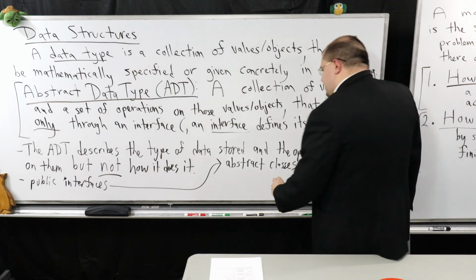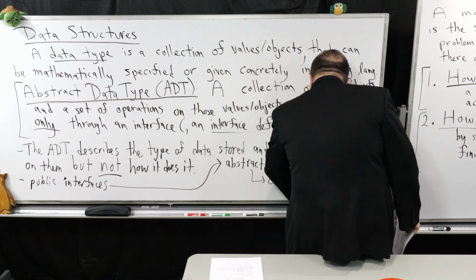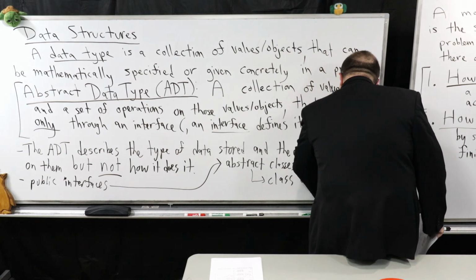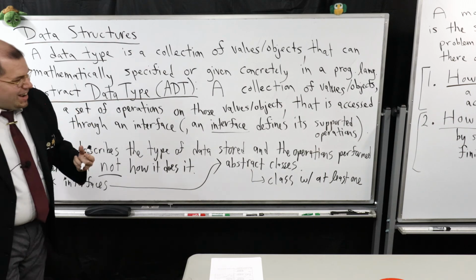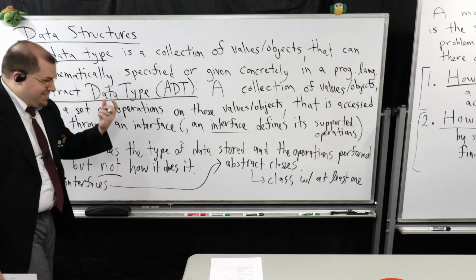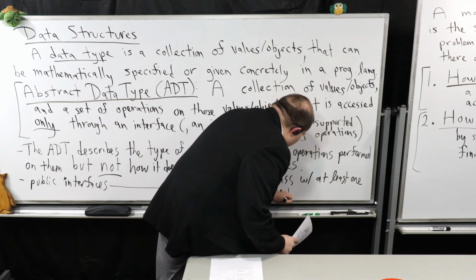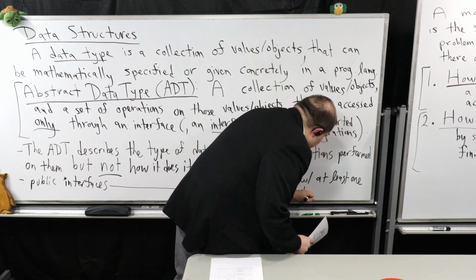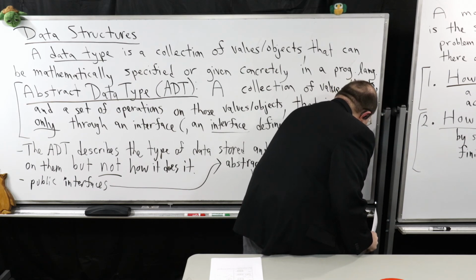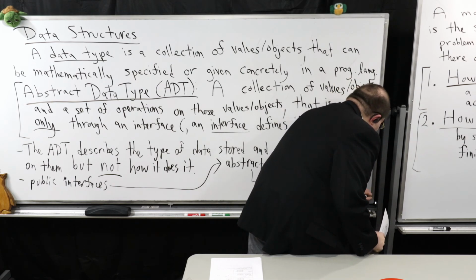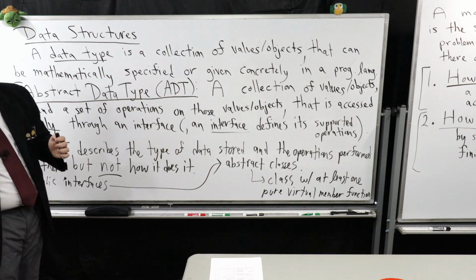An abstract class is just simply a class with at least one, and this is the technical jargon here, please forgive me, at least one pure virtual member function. So it has to contain at least one pure virtual member function.